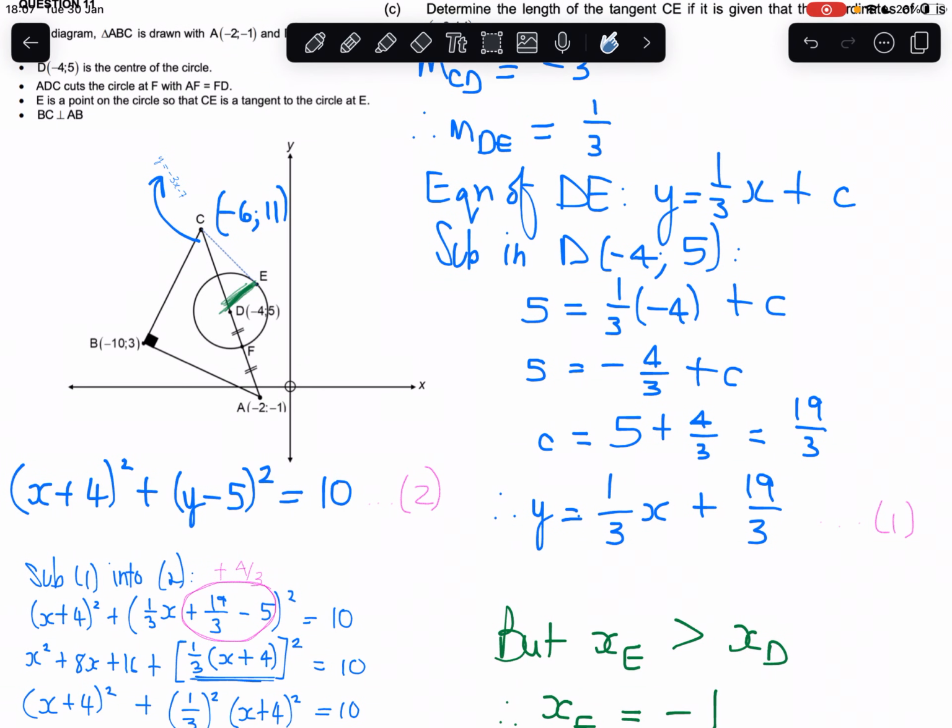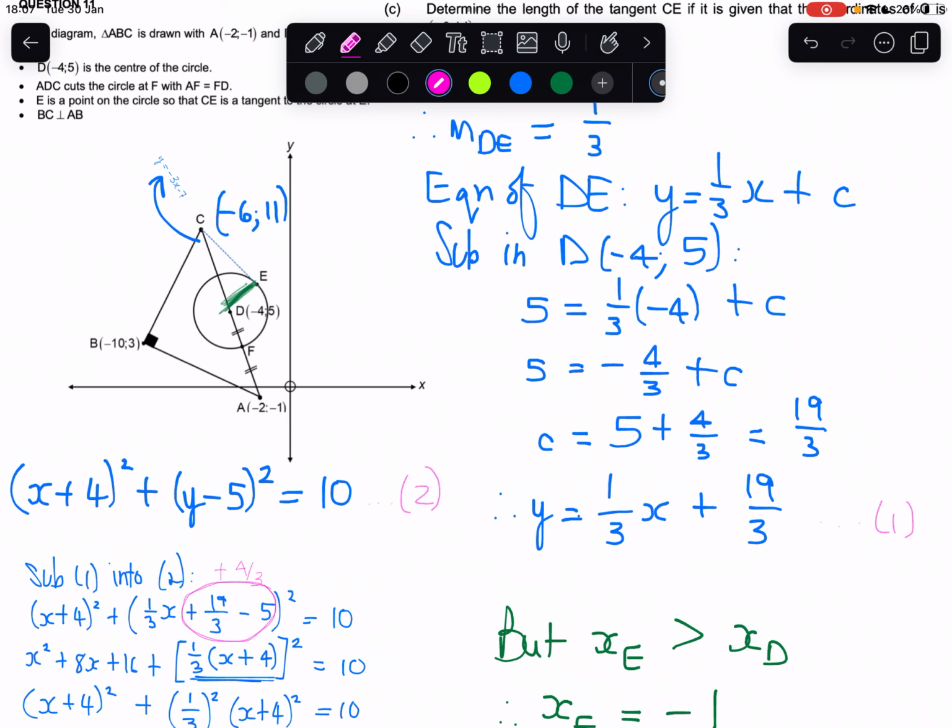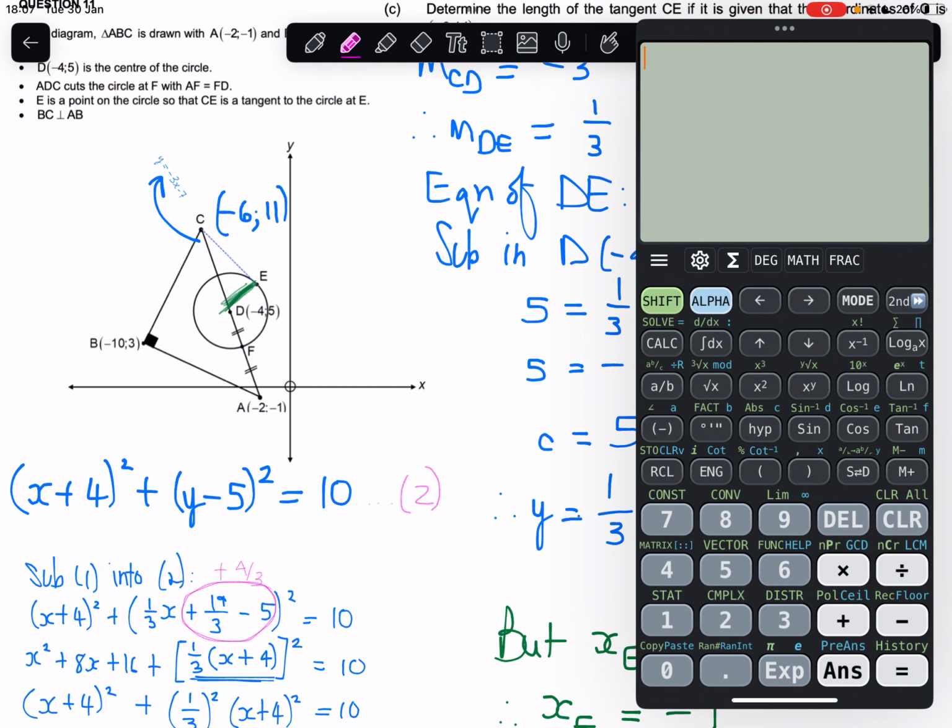Taking a deep breath. Let's just make sure that I copied everything down correctly. So the equation of my circle is correct, and the equation of CA, let's just double check that that indeed is correct. I'm going to bring out the calculator for this. I'm just going to check by putting in this point and this point into this equation to make sure that it is in fact correct.